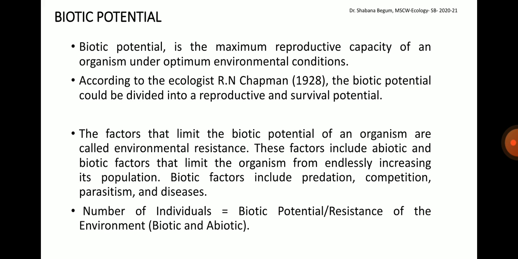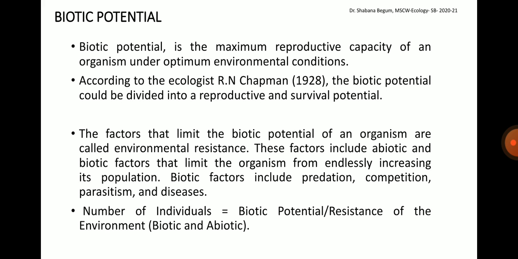The index R is the difference between the instantaneous specific natality rate and the instantaneous specific death rate, and may be expressed as R = B - D. The biotic potential of a population depends on several other factors such as the reproductive capacity of the individual, the number of individuals in the population, the age of individuals, the lifespan of the individuals, the different physical conditions of the environment, and the population density.